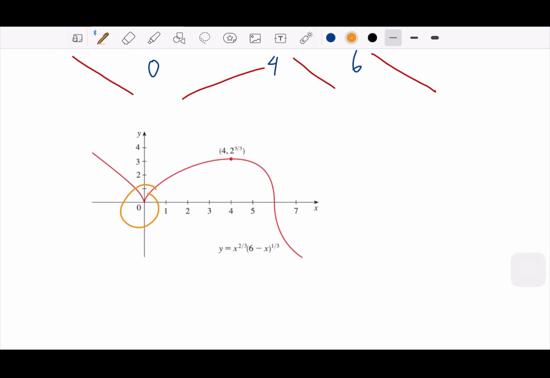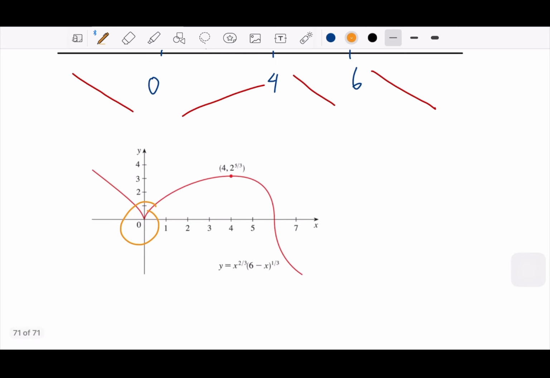And also, when x equals 6, remember that the denominator will be 0, which means that the tangent will be vertical because it's getting infinite, right? So it's a vertical tangent, and this is a sharp point.